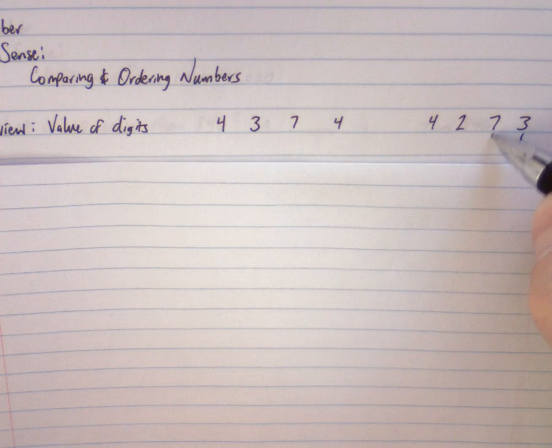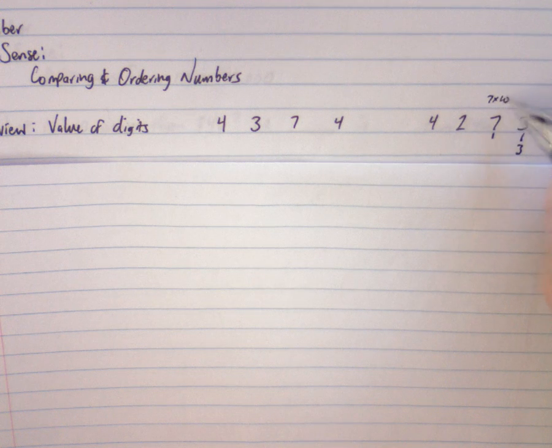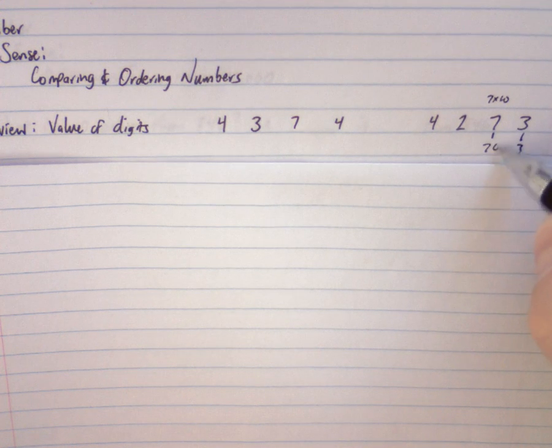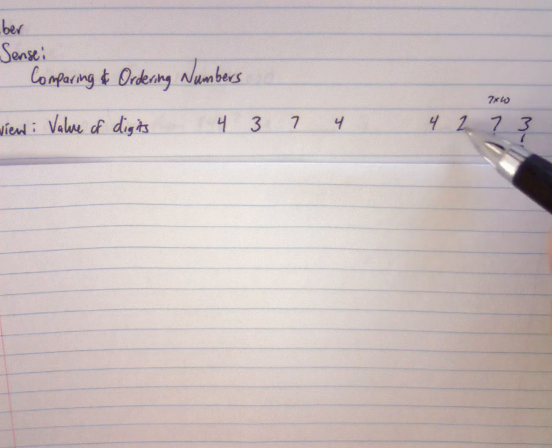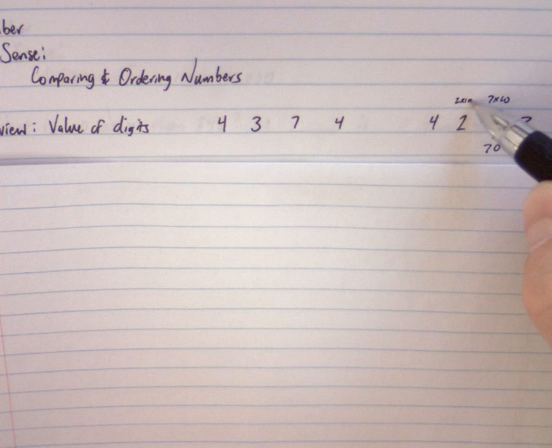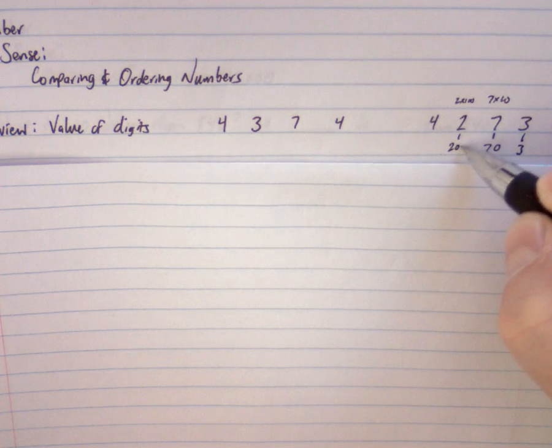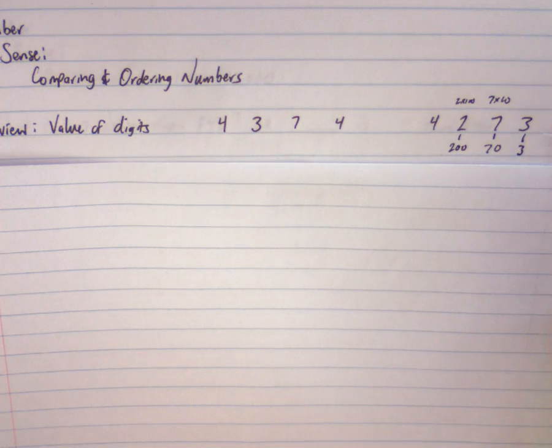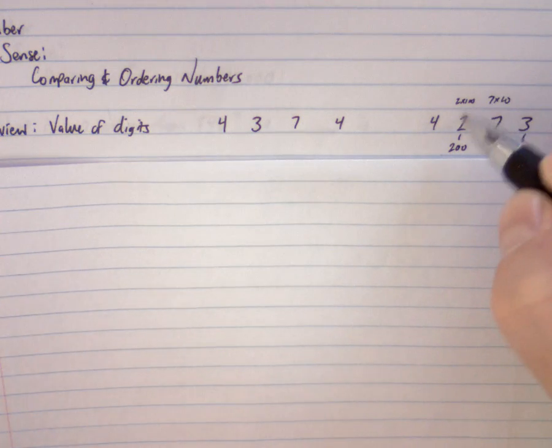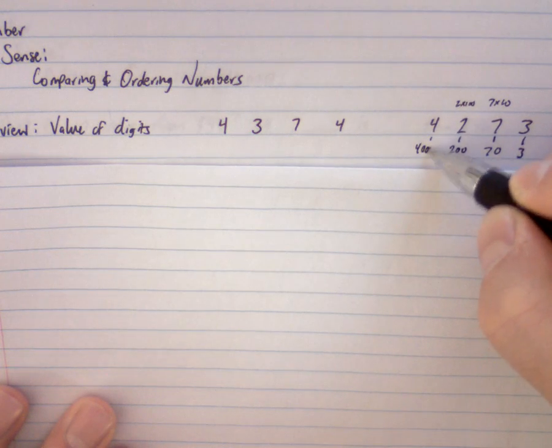The value of the 7, because it's in the tens spot, is 7 times 10, which gives us 70. The 2, in the hundreds spot, is 2 times 100, or just 2 hundreds. You can even just say it and hear what the value is, 2 hundreds. And in the thousands spot, we have 4 thousands.